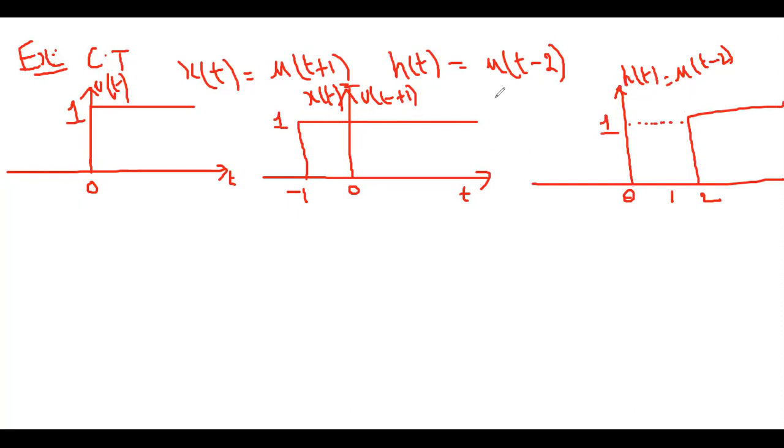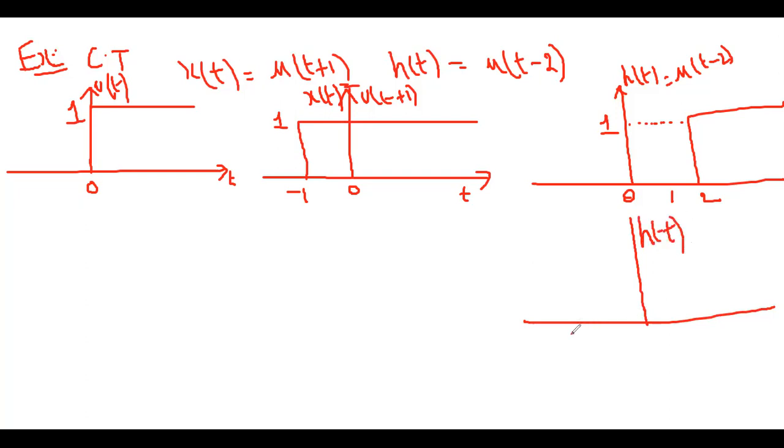What do you have to do for the given graphical representation of x of t and h of t? The first step is a folded function. What is a folded function? H of minus t means it is a folded function.